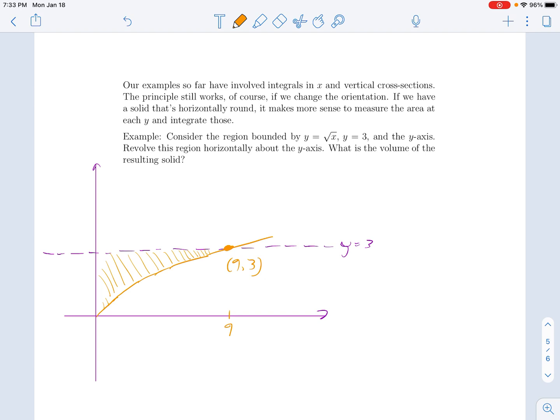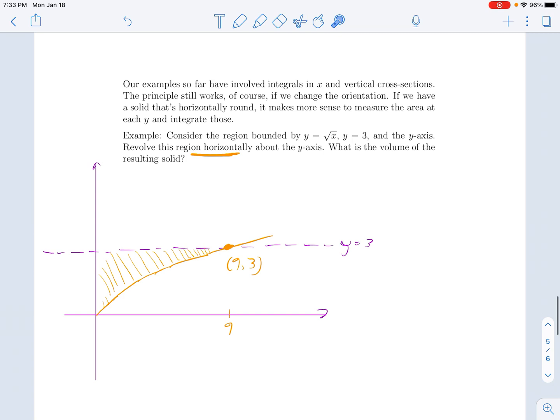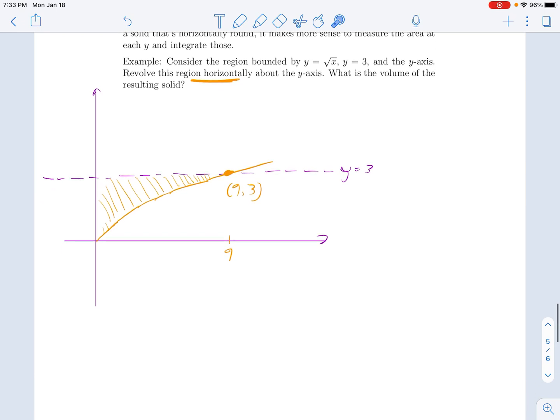Now, what if we revolve this region horizontally about the y-axis? So try to imagine that here, this is the axis, and we're spinning this thing around. After we spin it around, it would look something like so. I will attempt to give a sense of the three-dimensionality of this thing.